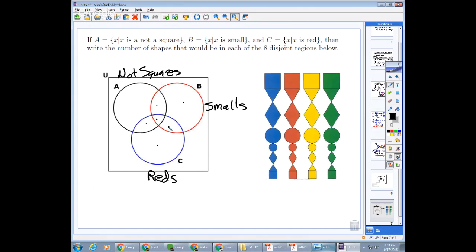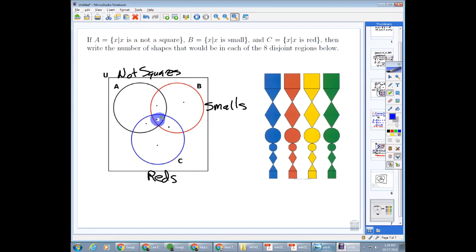If we pick on, say, this region right in the very middle there, how would you describe a shape that sits right there in the middle? Yeah, it has to meet all 3 characteristics. It would be the intersection, so it would have to be not square and small and red. Are there any shapes that fit the description, not square and red and small?